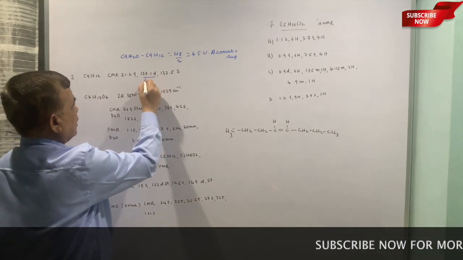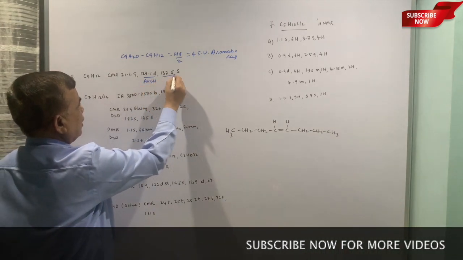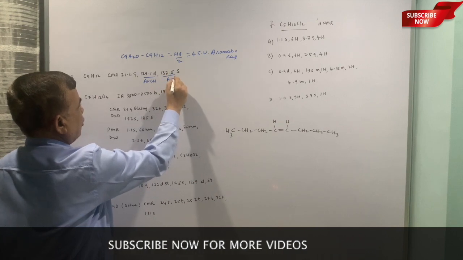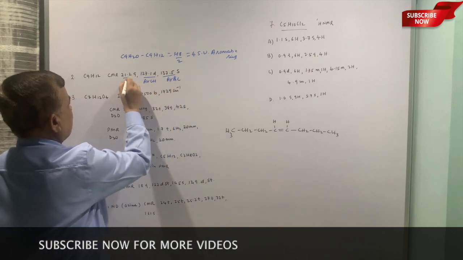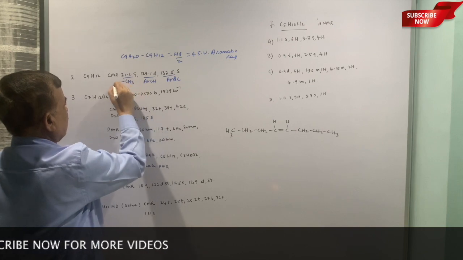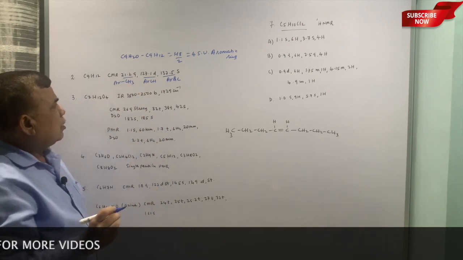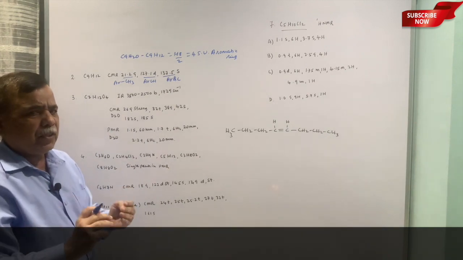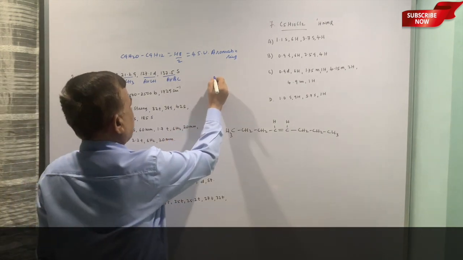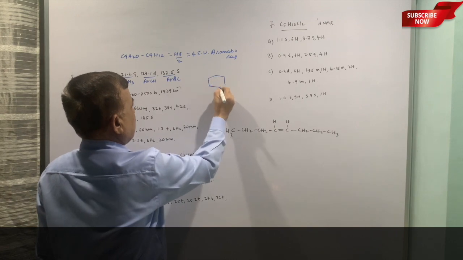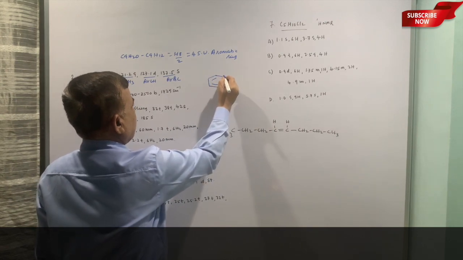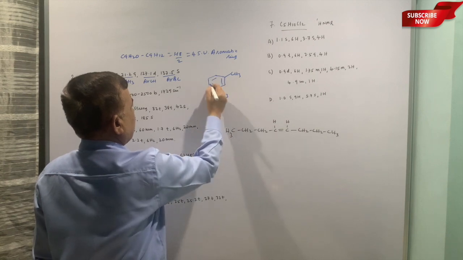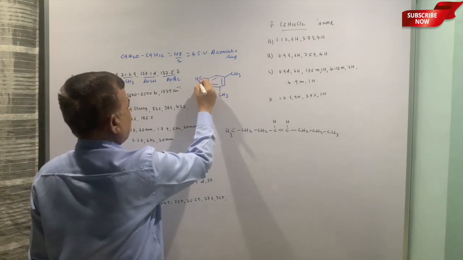This is aromatic CH, this is aromatic quaternary carbon, I would say. This looks like methyl attached to an aromatic ring. So there are only two sets of aromatic carbons, one is quaternary, the other one is CH. So if you construct a benzene ring and put methyls, automatically you will get two sets of carbon.